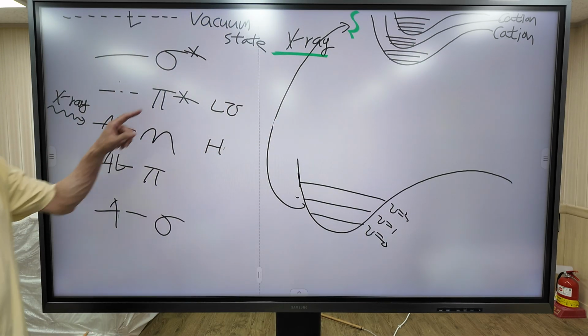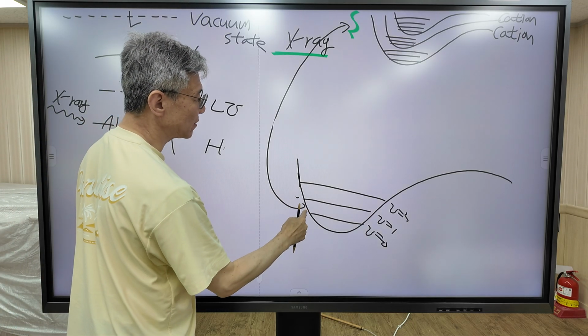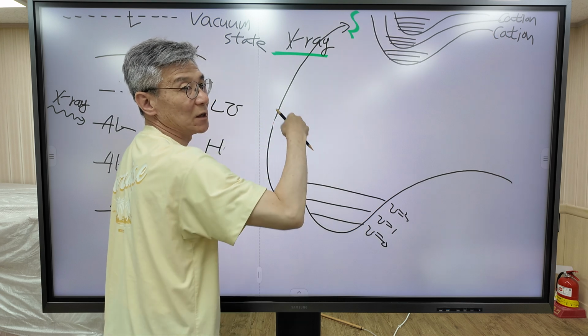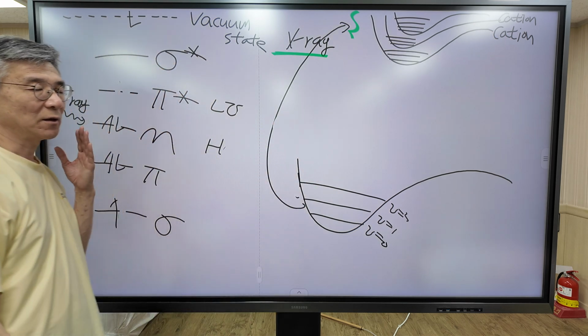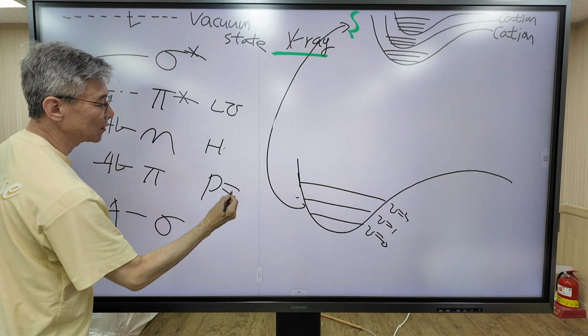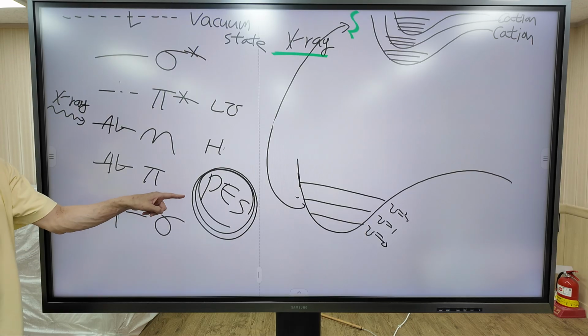So when you irradiate X-ray, an electron makes a transition from this potential curve to the cation state, in which an electron is removed. When you measure the kinetic energy of the electron, this spectroscopy is called photoelectron spectroscopy. This is our today's topic.